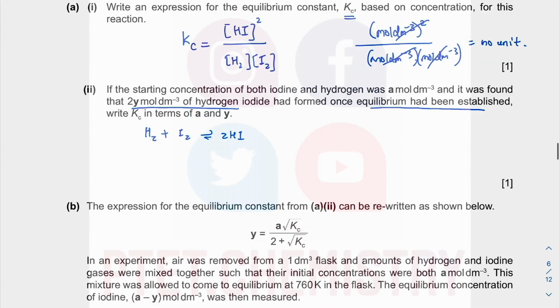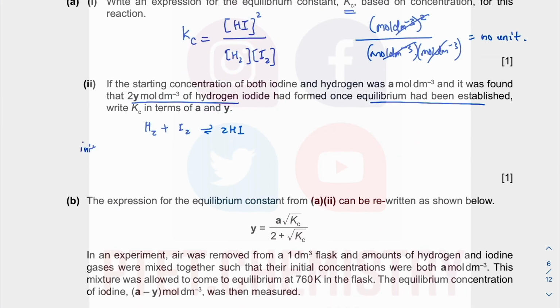So I know the equations are given above, but I want to set up an equilibrium table so that I can write out things like initial concentration, where I have A and A because both the iodine and hydrogen were A mole per dm cube. I have nothing of the HI, and then at equilibrium, I would have 2y mole per dm cube of HI.